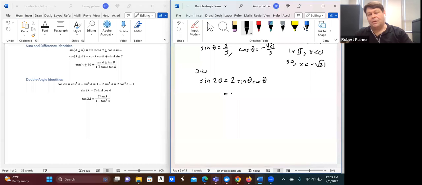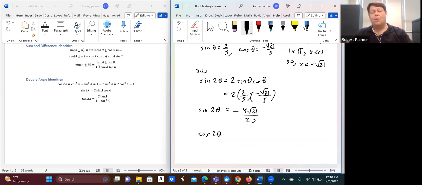And so that's going to be 2 times 2/5 times cosine, which is negative square root of 21 over 5. This is not really going to come out nicely. Nothing is really going to reduce. It's going to be negative, then 2 times 2 is 4 times the square root of 21 over 5 times 5, which is 25. And that is the exact value of sine of 2 theta.